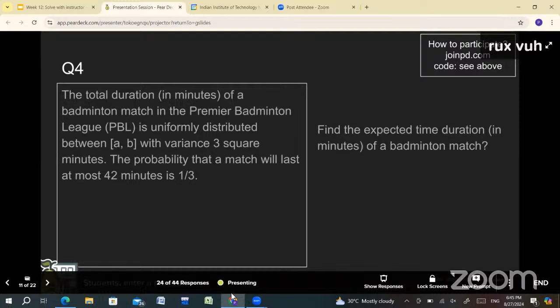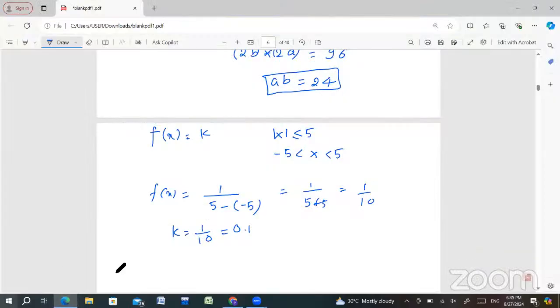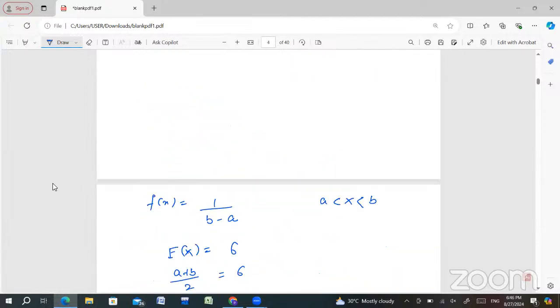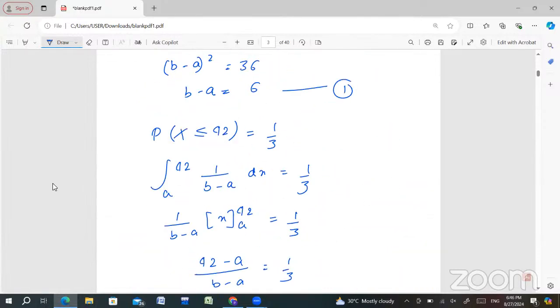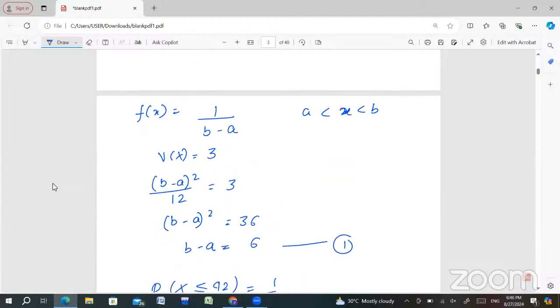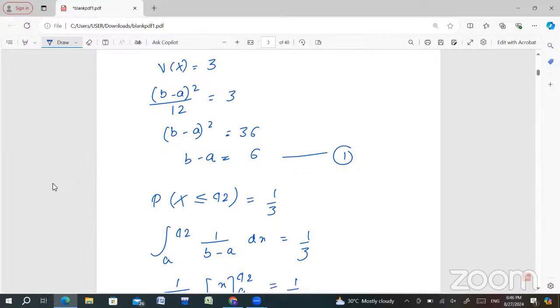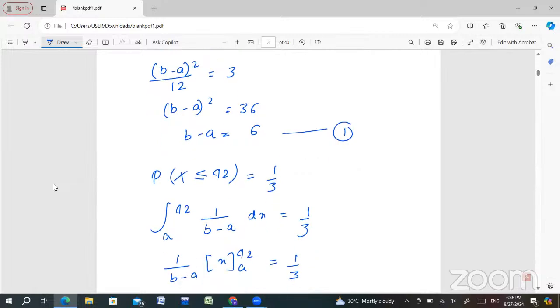Let me see the solution. This was the question, right? Yeah, ma'am. So what is your conclusion? Here we are using the integral. No, not integral actually. Why can't we do that directly, like 1 upon b minus a equals 1 by 3?